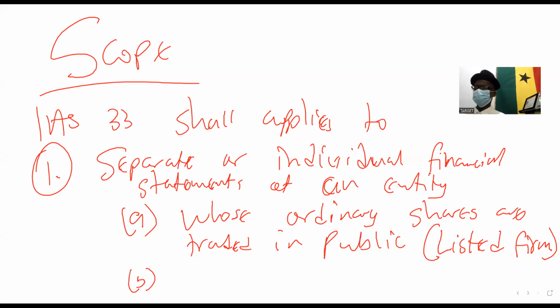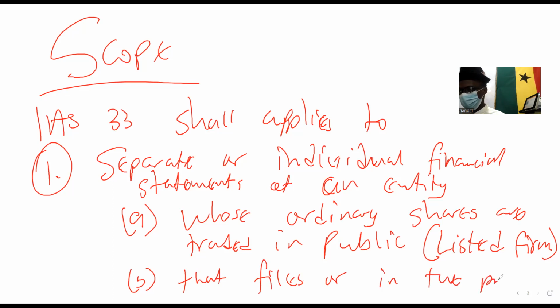So an entity that is in the process of filing to be listed.